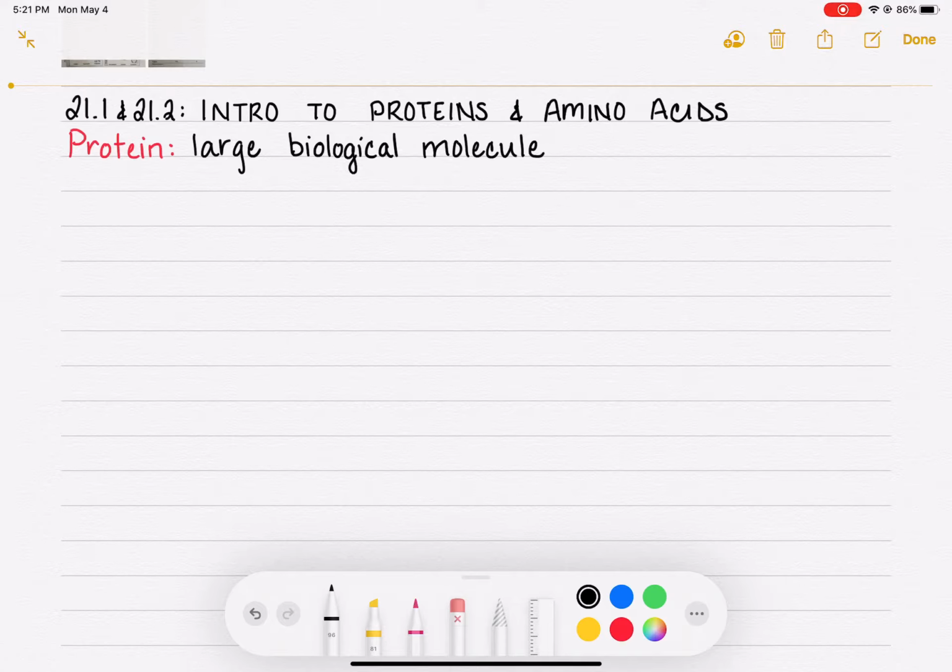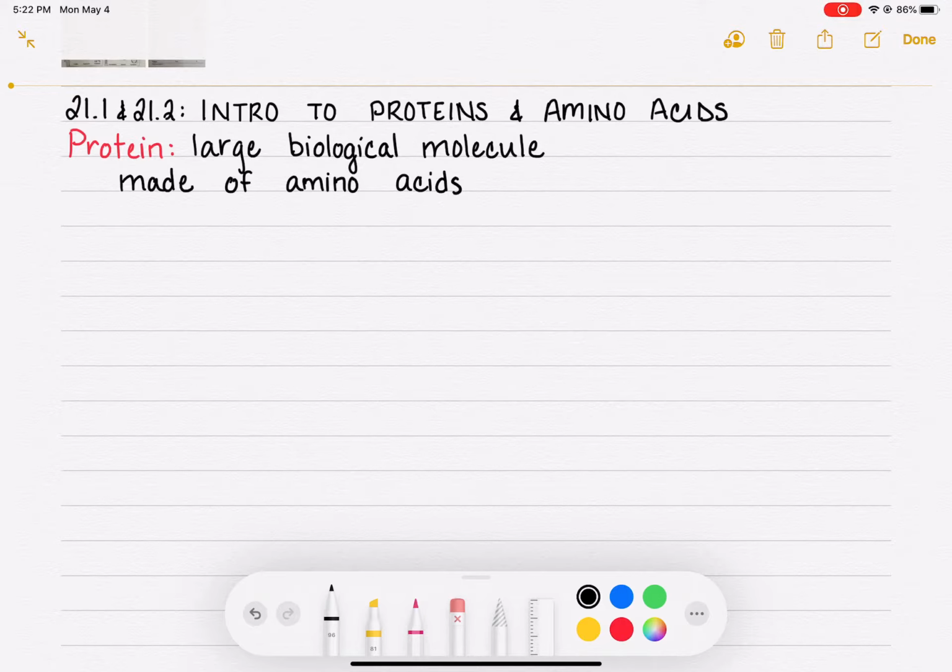A protein is made up of smaller molecules called amino acids, which I'll define in a second. And each protein has a varying number of amino acids, but it's a ton of them.